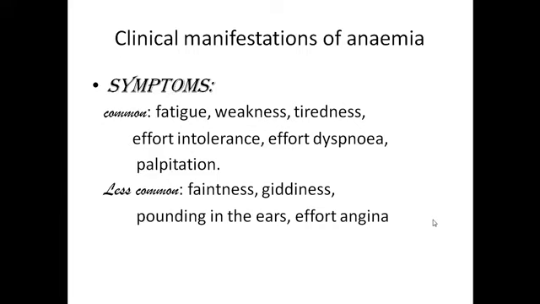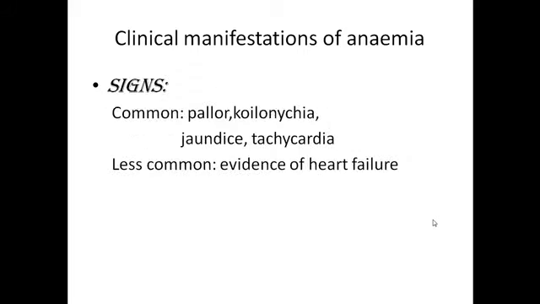So it is a good idea for us to go through a disease from the very beginning to the last, so it will be very easy for you. When the examiner asks from any point, you will be able to answer. Symptoms, signs: pallor, koilonychia, jaundice, tachycardia.